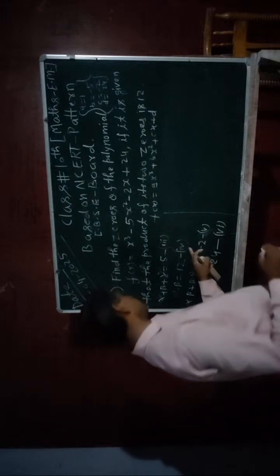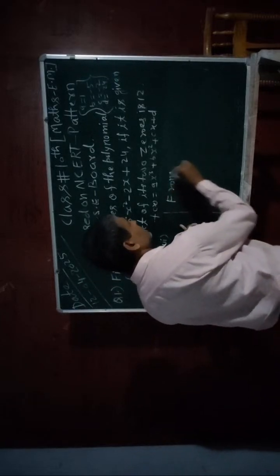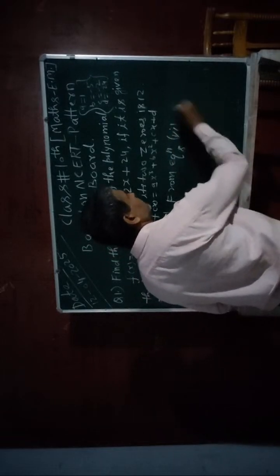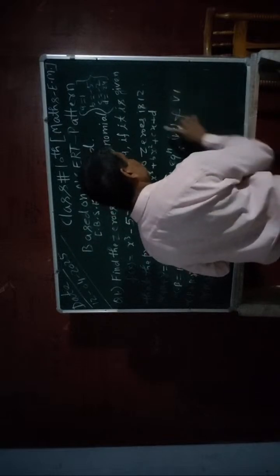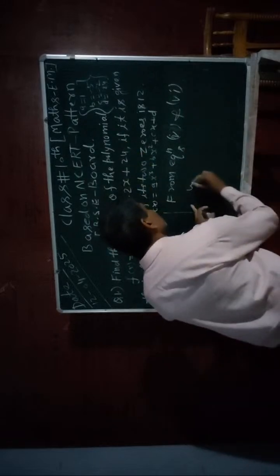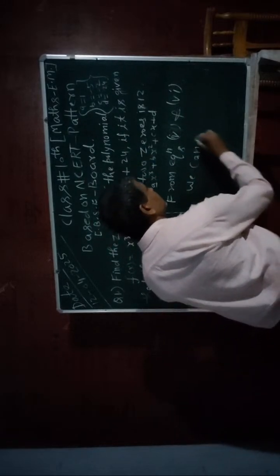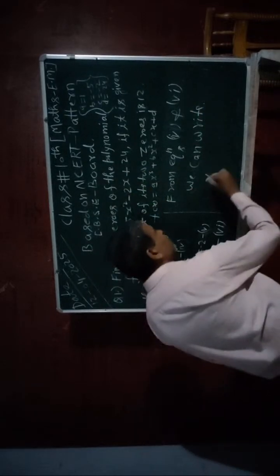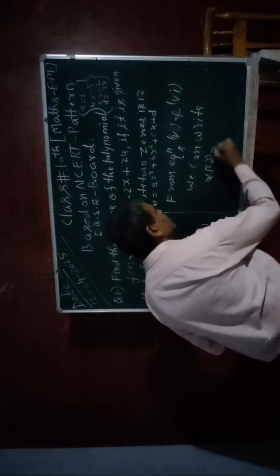Now from equation 4 and 6 we can write alpha beta gamma is equal to 24.